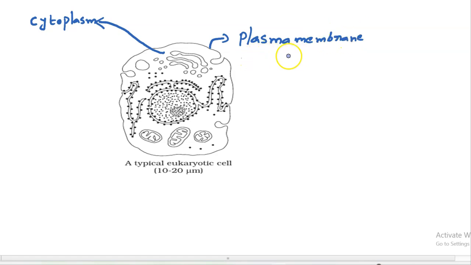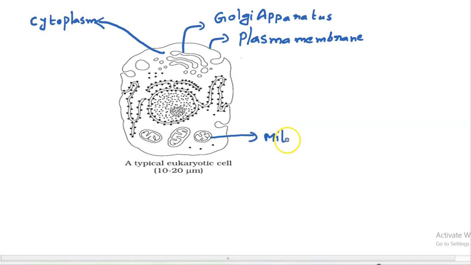It acts as a barrier. Next we have Golgi vesicles or Golgi apparatus that is useful for storage, modification and packaging of manufactured substances in the cell. Apart from this, we have mitochondria that acts as powerhouse of the cell.